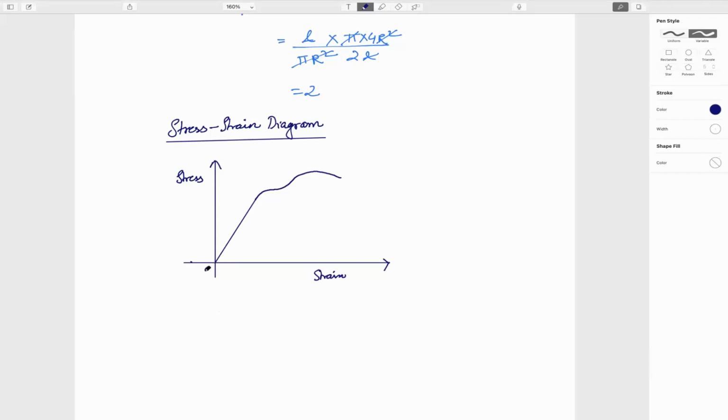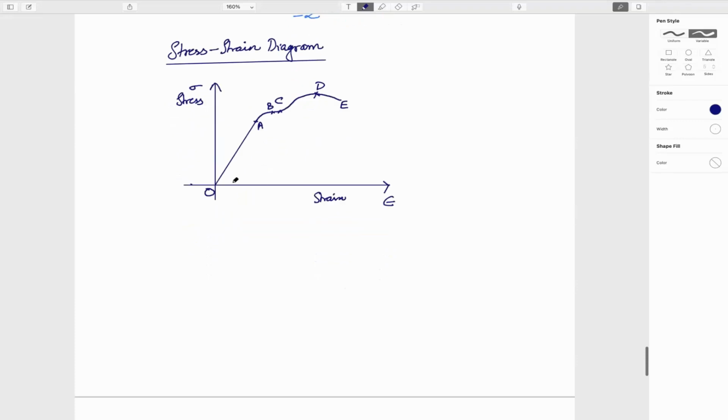Let's say this is the O region, and I'm going to divide this region as A, B, C, D, and E. From O to A, the stress is directly proportional to strain.